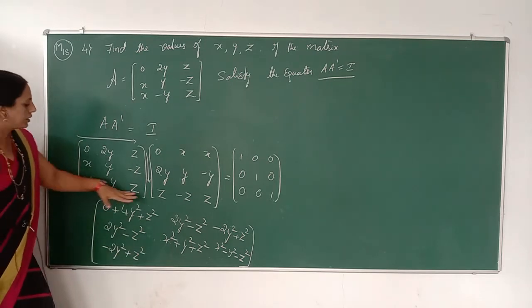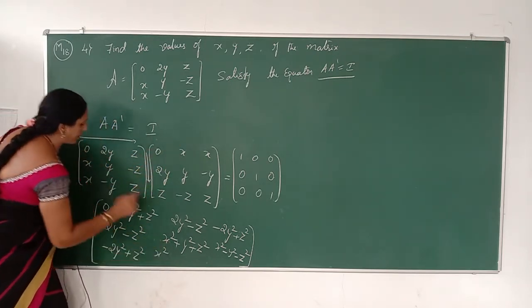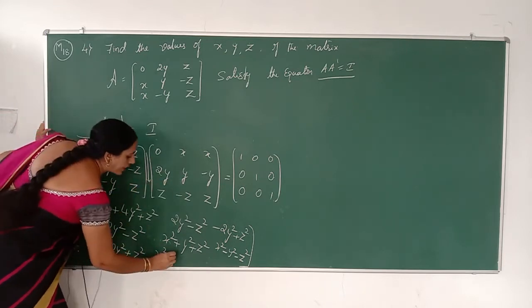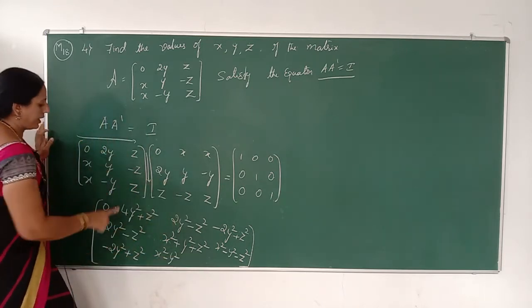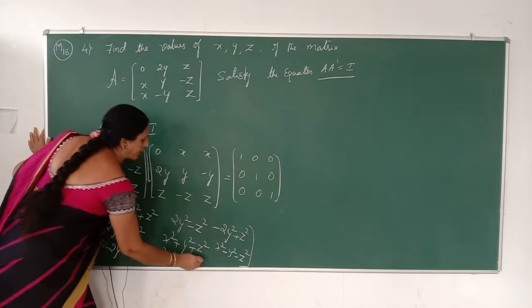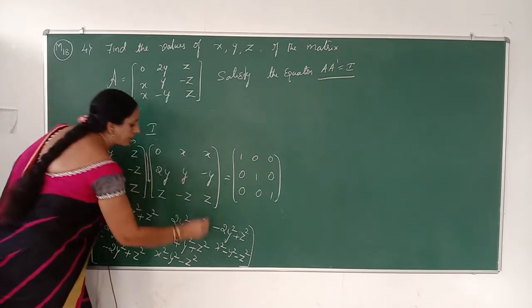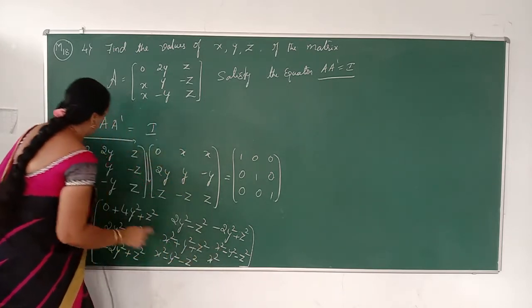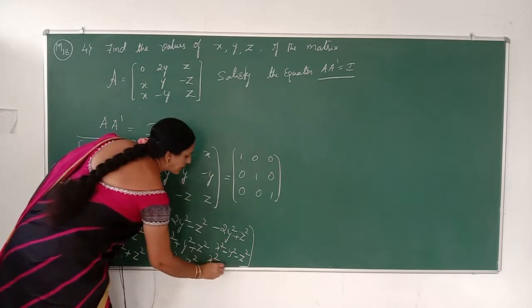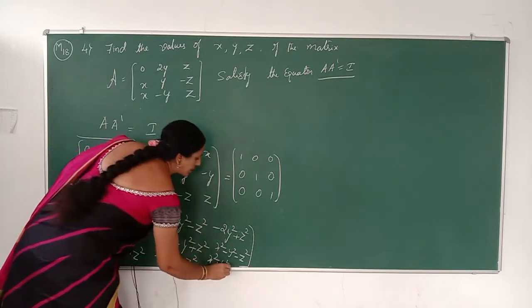And in third row, second column, x into x is x square, minus y into y is minus y square, z into minus z is minus z square. Similarly, third row, third column, x into x is x square, y into minus y is plus y square, z into z is z square.